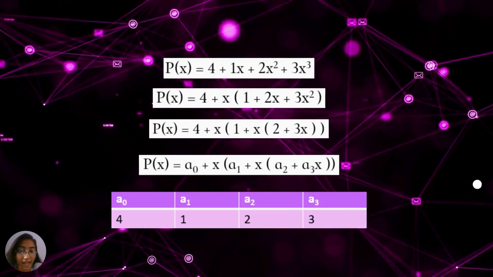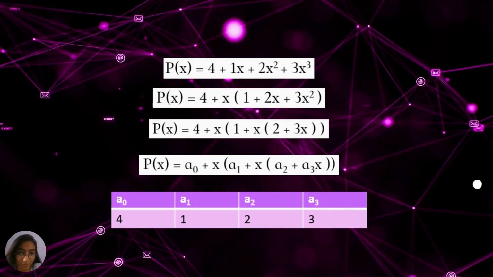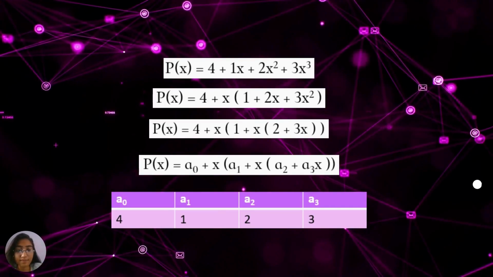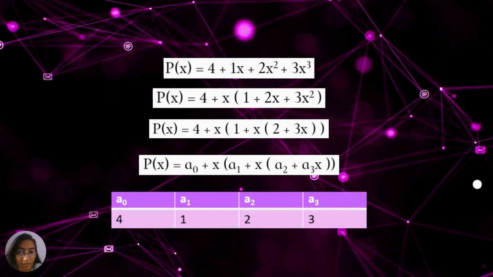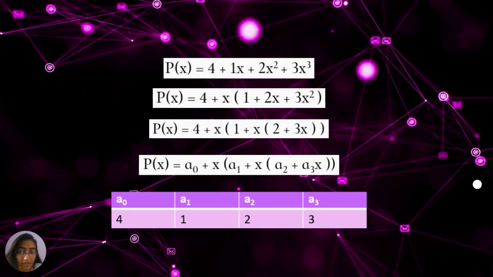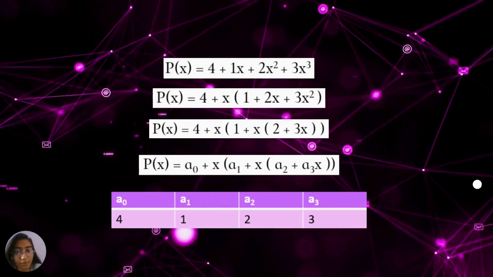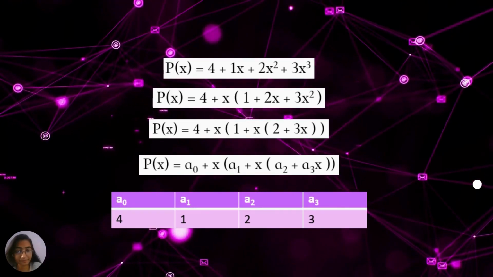Then again we take x common. So the next expression is p(x) is equal to 4 plus x, in the bracket 1 plus x, and then again one bracket 2 plus 3x. Now we cannot take out x common further. So this is our last expression, p(x) is equal to 4 plus x(1 plus x(2 plus 3x)).